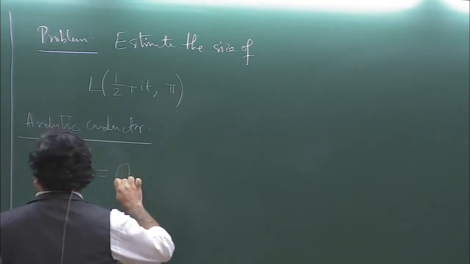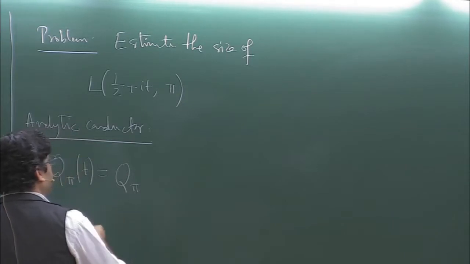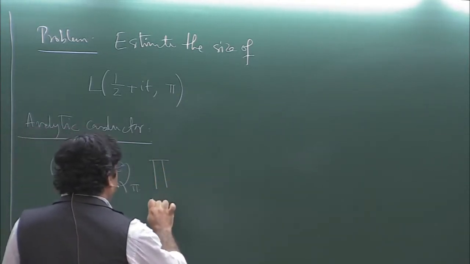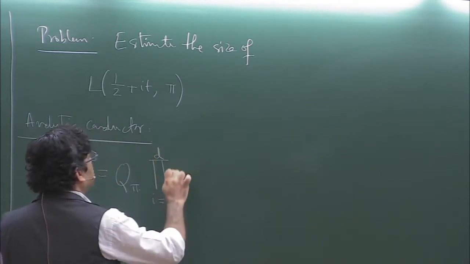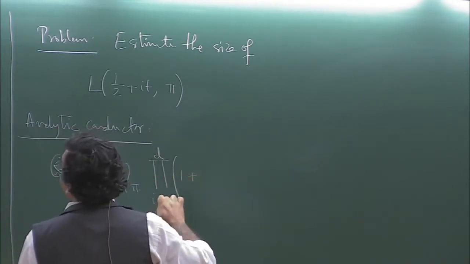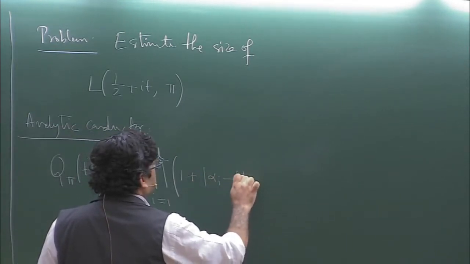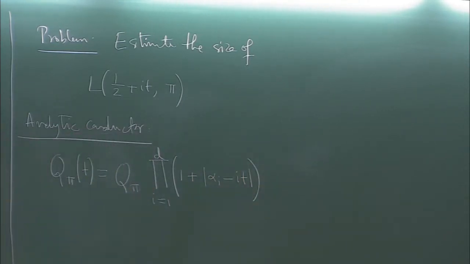It's the product of the integer q_pi, called the arithmetic conductor, times a product from i equals 1 to d of (1 plus the absolute value of alpha_i minus it). So that's the definition of analytic conductor.